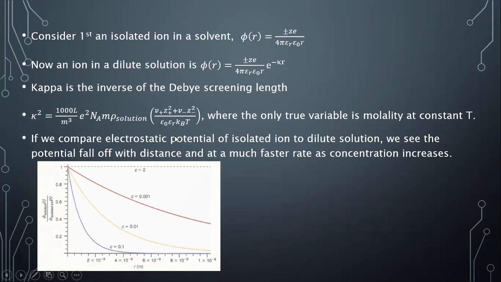So if we compare the electrostatic potential of an isolated ion to a dilute solution, we see that the potential falls off with distance at a much faster rate as concentration increases.